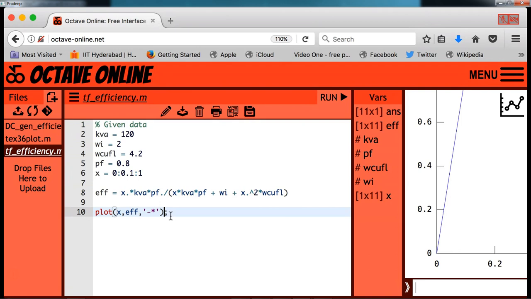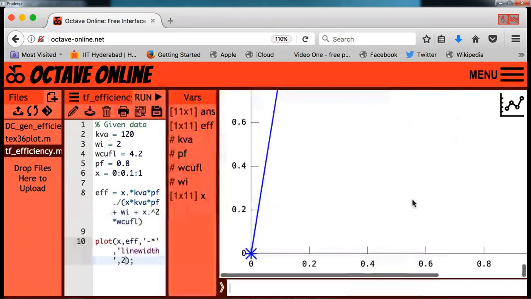So I'm defining the line width and then the line style for the plot. So now I think the result is not displayed fully on the screen.